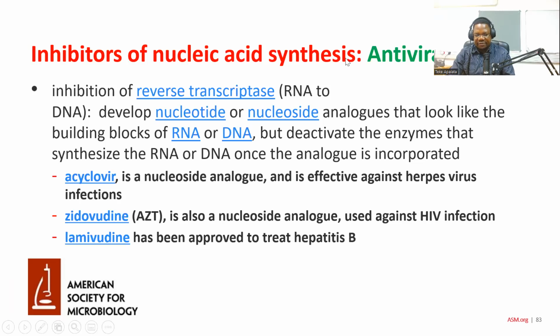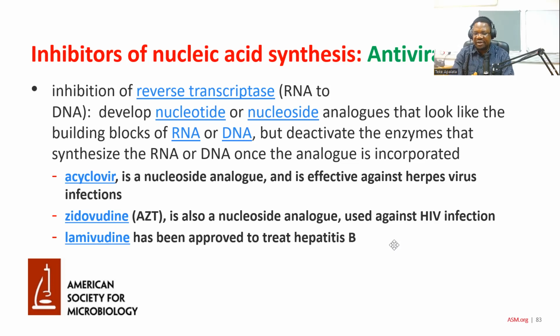Then, in addition to the antibacterials, we also have antiviral agents that inhibit nucleic acid synthesis. And here we have mainly inhibition of the reverse transcriptase, which plays a role in going from RNA to DNA. Remember, during transcription, DNA is made to become a single-strand RNA.